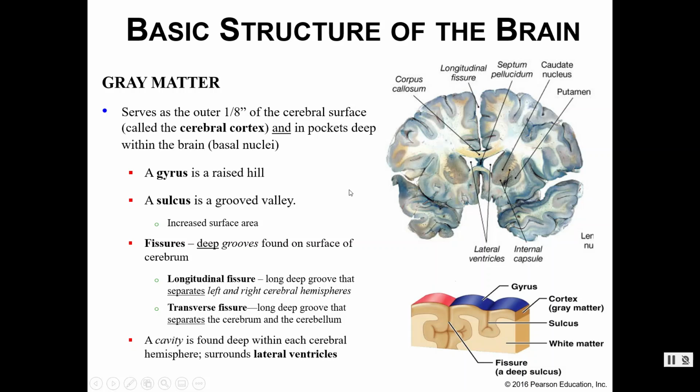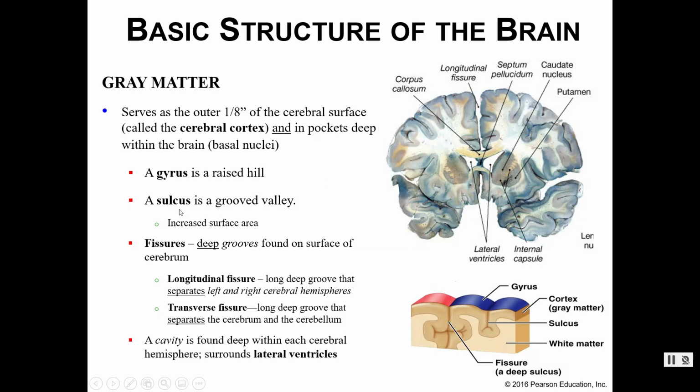Now we said the brain is wrinkly. We call these raised hills or wrinkles, individually, a gyrus. If you are referring to them collectively or in multiples, they are gyri, G-Y-R-I, would be plural. And in between each raised hill or wrinkle, you get a little groove. We've got a wrinkle and a groove, a wrinkle and a groove.